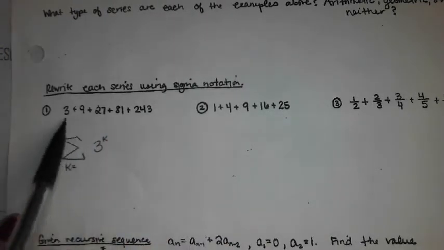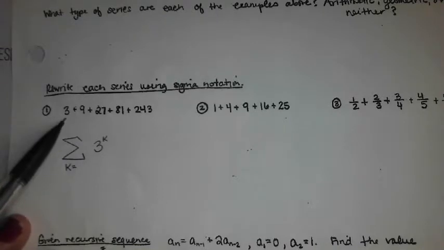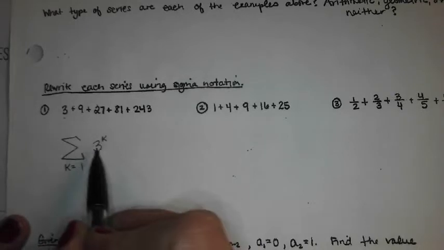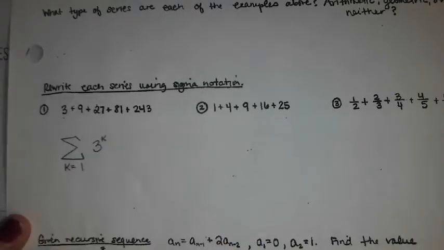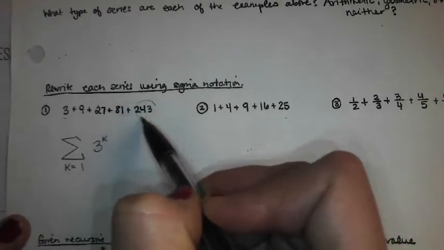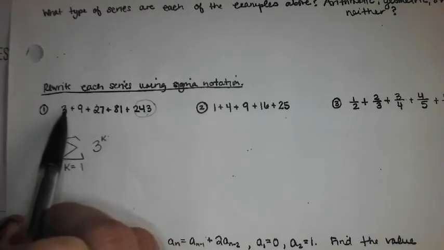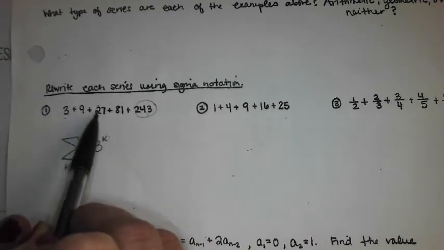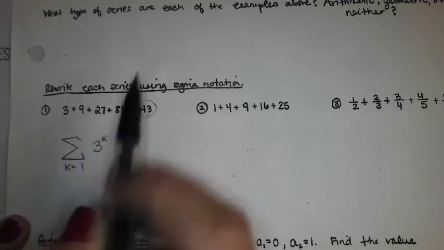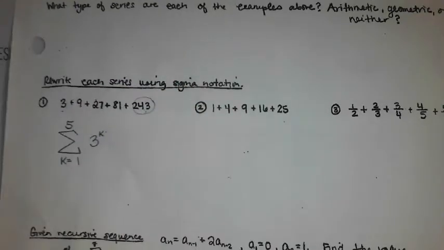What would k have to be to give me my first term of 3? 1. K would have to be 1 because 3 to the first power is 3, right? And what would k have to be? 3 to what power would end me at 243? 3 to the first, 3 to the second, 3 to the third, 3 to the fourth, 3 to the fifth. So you're plugging in 1 through 5, and you've written that.